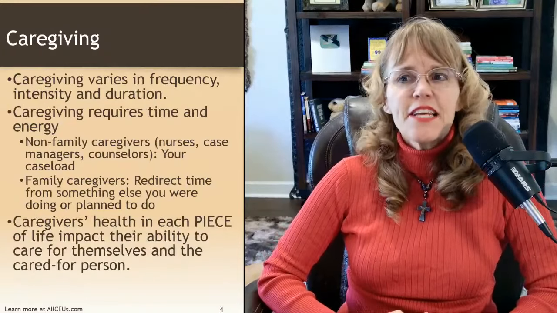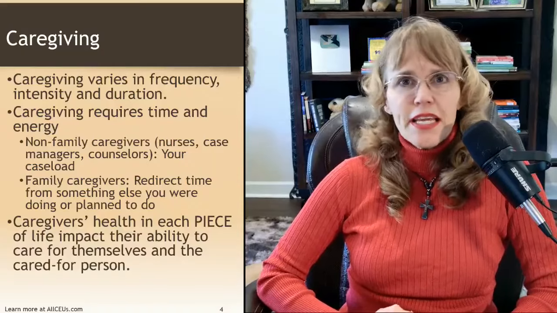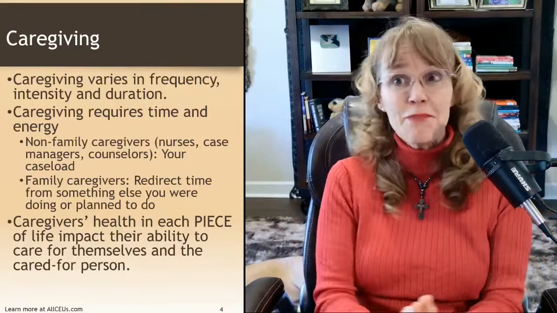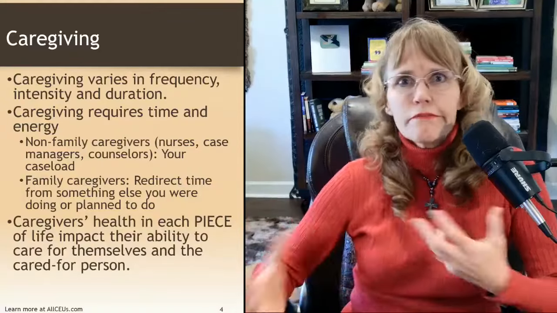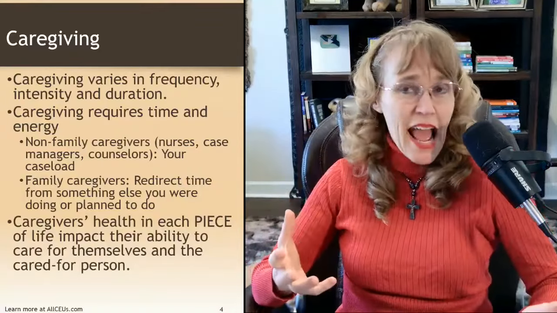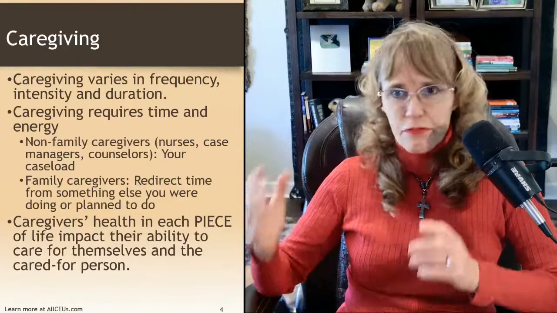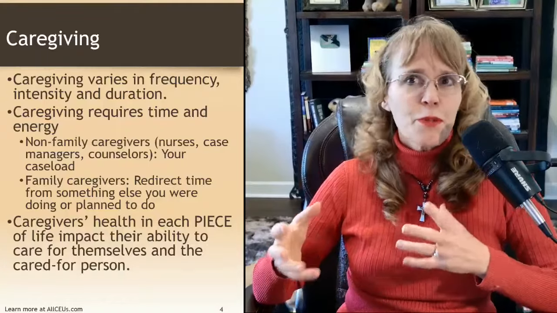Caregiving varies in frequency, intensity, and duration. If you're thinking about an older adult, there may be some times during their aging process where they're relatively independent, and then they fall and break their hip, and they get sent home from the hospital, but they still have a lot of problems with mobility.